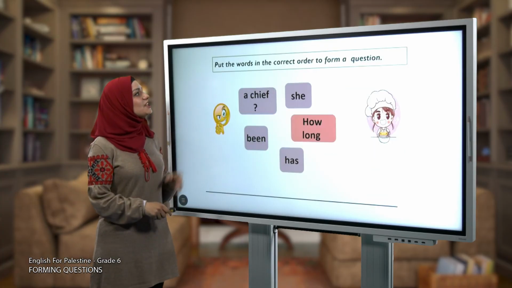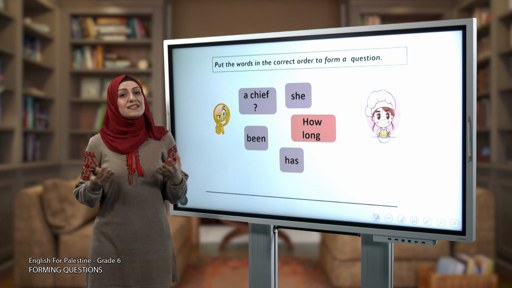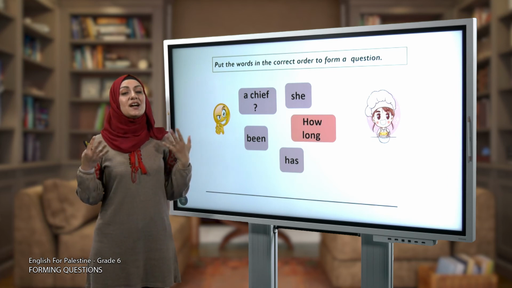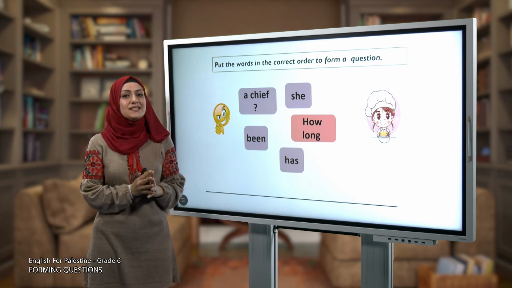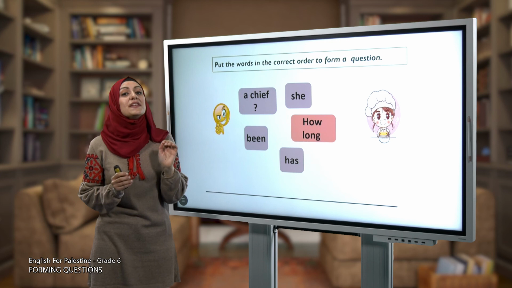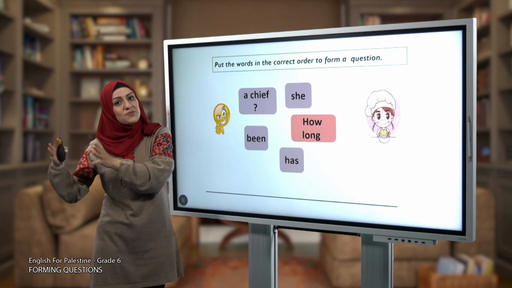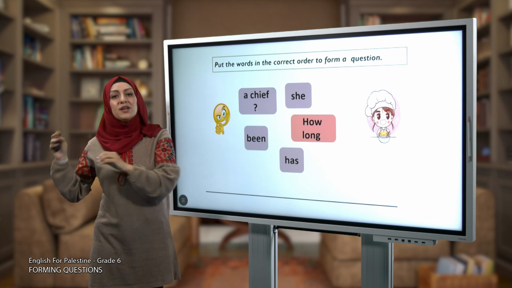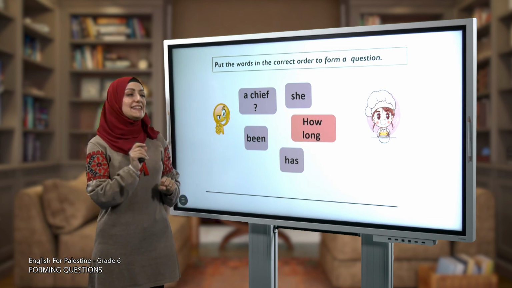In this question, you have to put the words in the correct order to form a question. Now we learned that when we form a question using how long, we should put how long at the beginning of the question. Then we put has or have depending on the subject that follows. Then the subject and verb 3. And then we complete the question and put a question mark at the end.